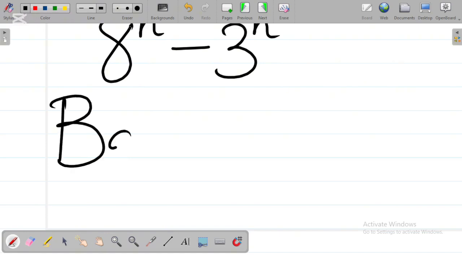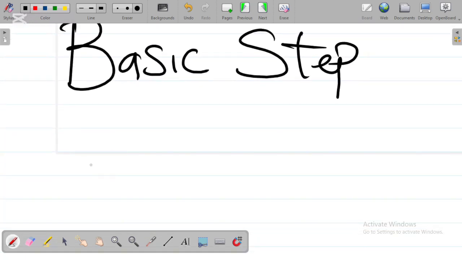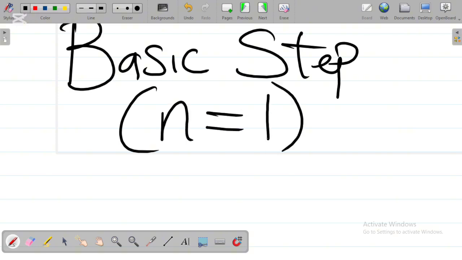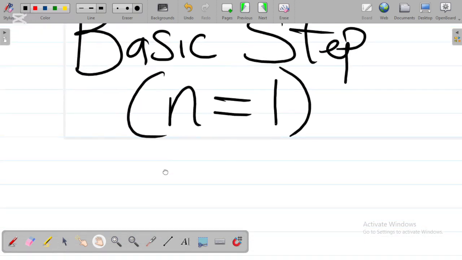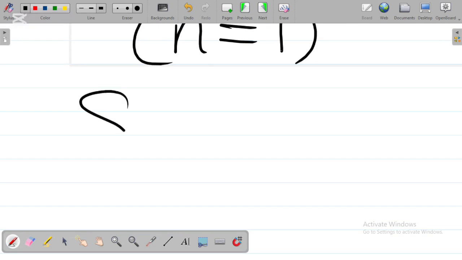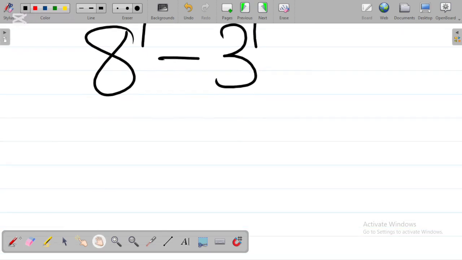So we have the basic step. For the basic step, n is equal to 1. So wherever you see n, you kindly substitute 1. So we have here 8 raised to the power 1 minus 3 raised to the power 1. 8 raised to the power 1 is 8, minus 3 raised to the power 1 is 3.